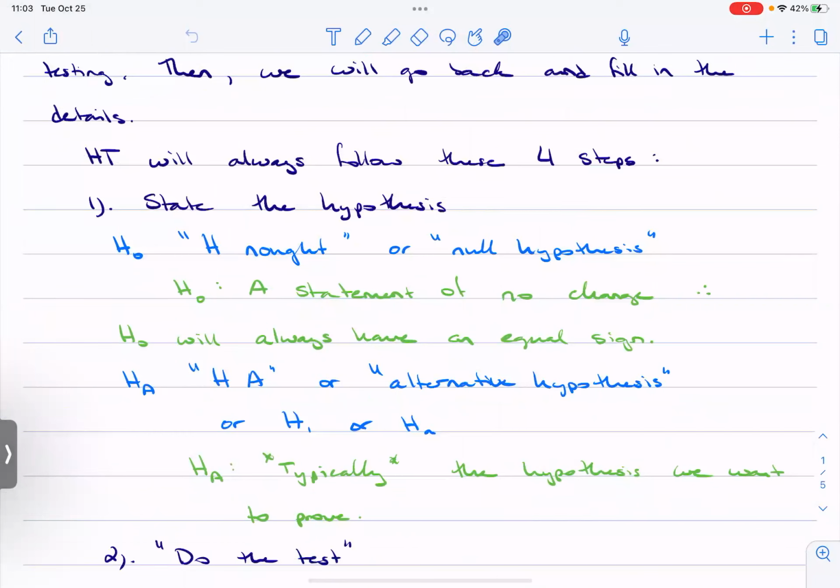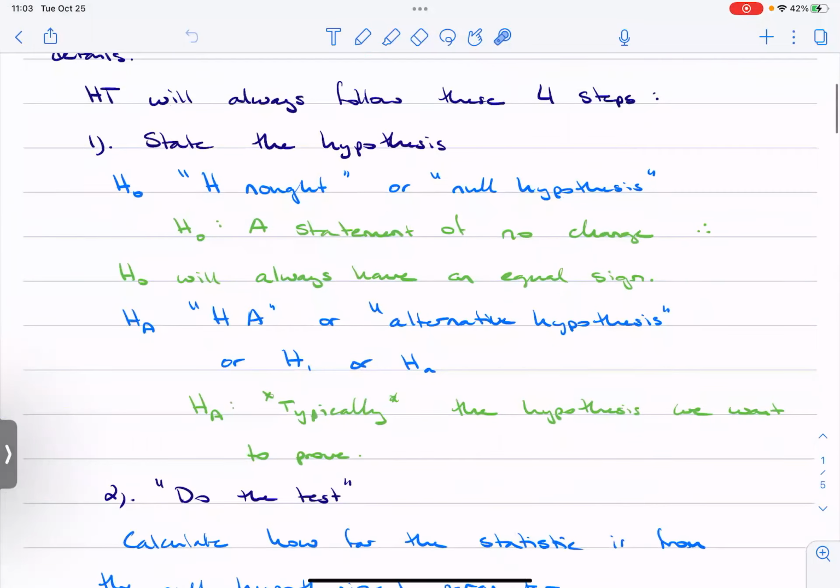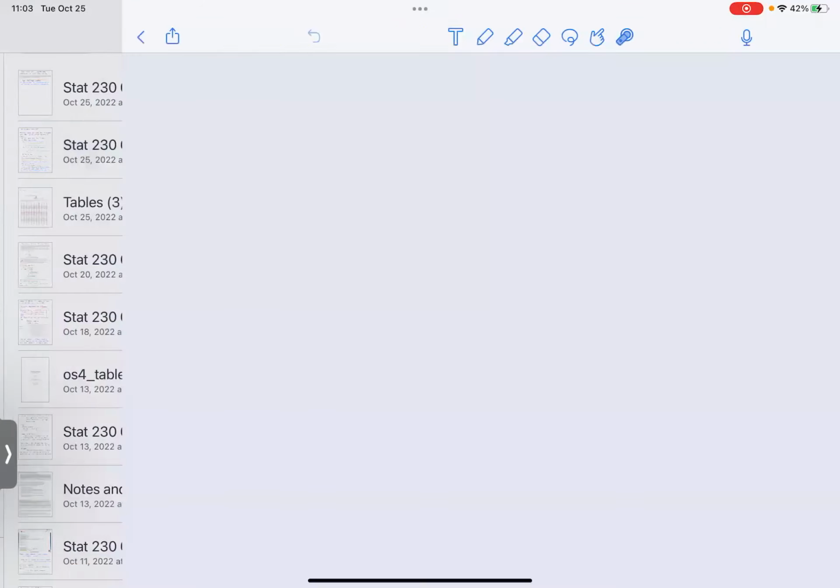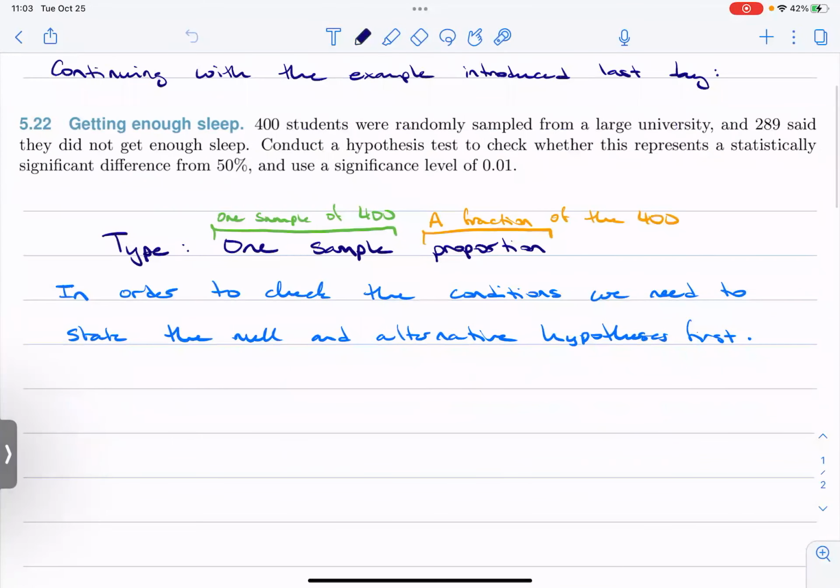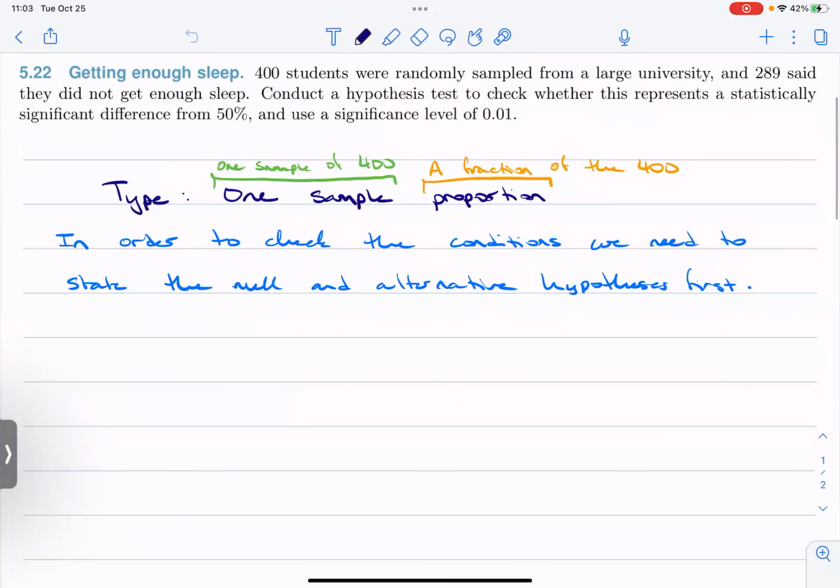And then the alternative hypothesis is typically the thing that we want to prove. So for our question, we're going to start with step one, which is state the hypotheses.